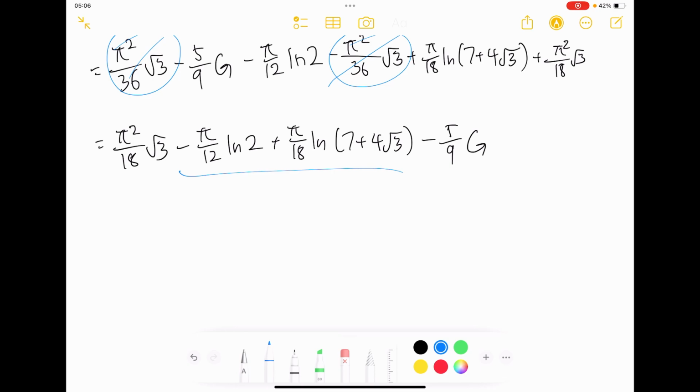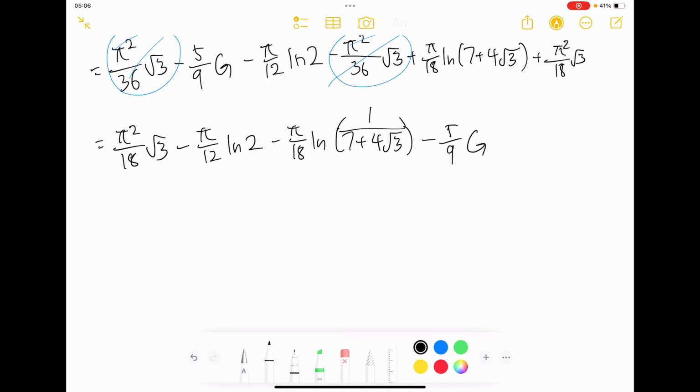And last thing we're going to do is to combine these two terms together because they both have a natural log. So I'm going to make this easier for myself, because if the natural logs are the same sign, I can multiply them. So I'm going to turn this into a minus at the cost of taking the reciprocal of this, because it's to the power of -1 now, because I multiplied by -1, so I have to exponentiate it by -1.